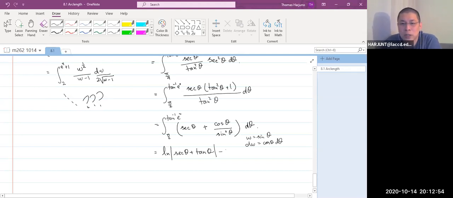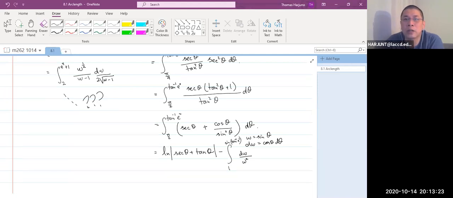So this will be the integral dw over w squared, and this will be sine, this is 1, this is sine of tangent inverse of e squared.